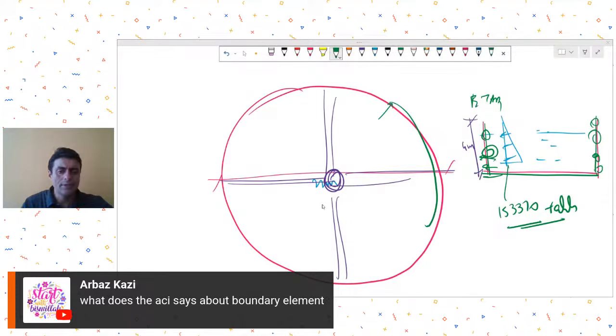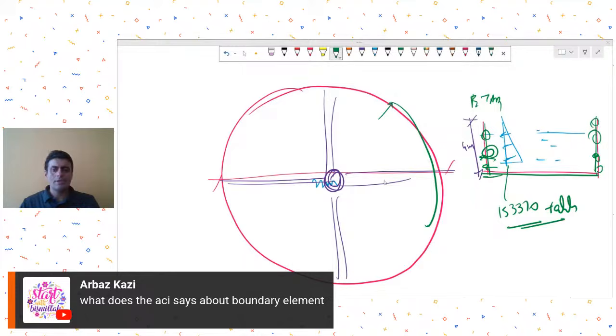Okay. Mr. Arbaz Kazi is asking, what does the ACI code say about boundary element? I'm not sure. I don't know what it says about the length of boundary element. But as I explained, the length of boundary element is more to do with a trial and error procedure.